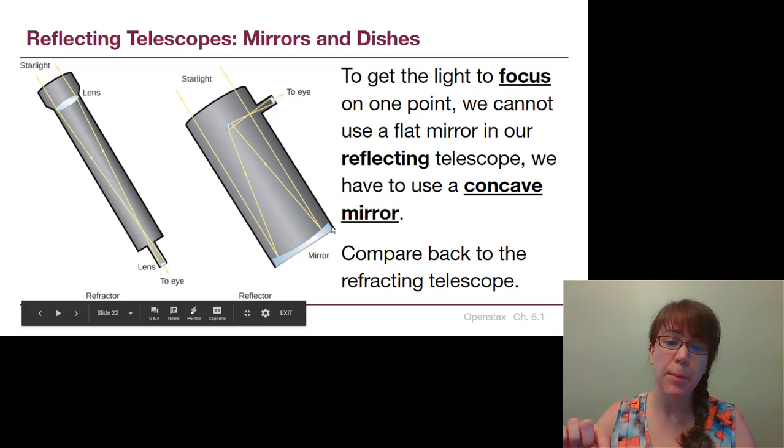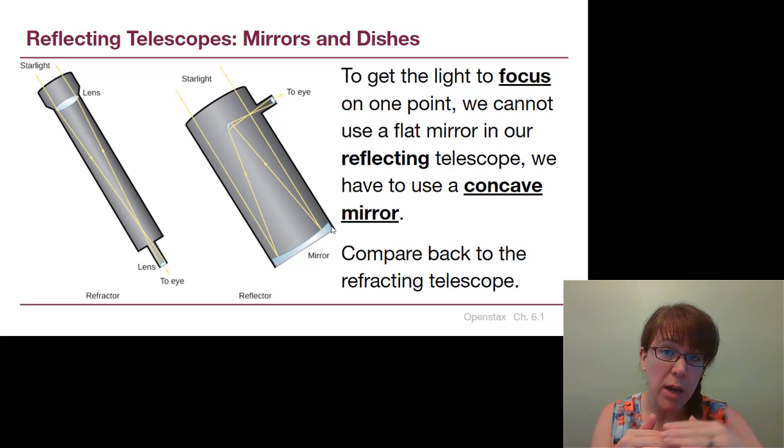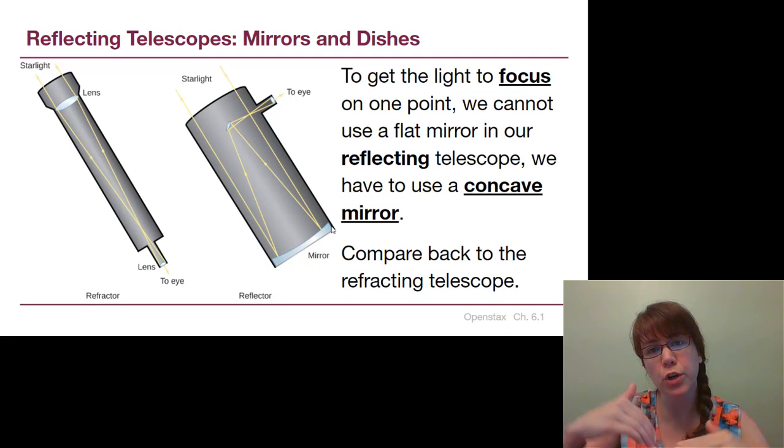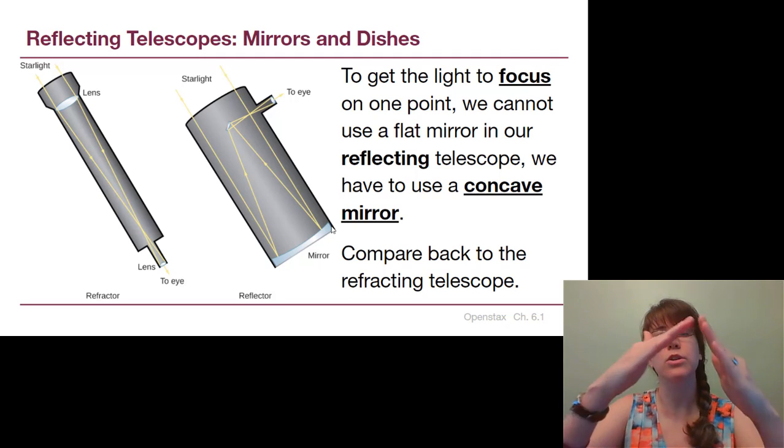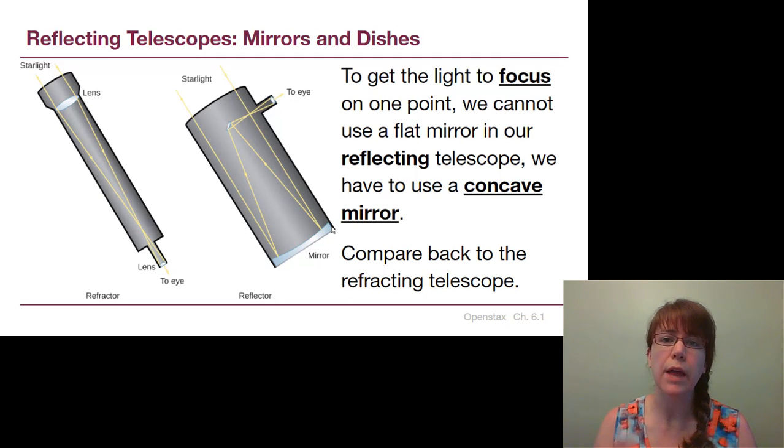Light comes in, it bounces off at that same angle it came in at, but because of the curved aspect of the mirror, those rays are going to intersect and come to a single point in the middle of the telescope. We bend it out of the telescope right away. This is one method of getting the light out of a reflecting telescope. Not the only method, but one of the methods.